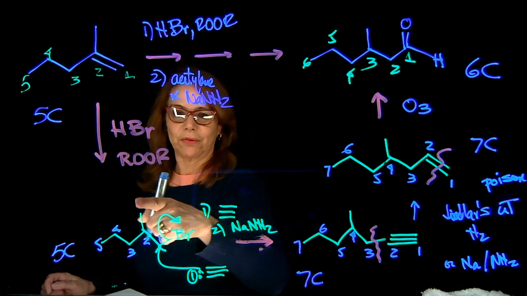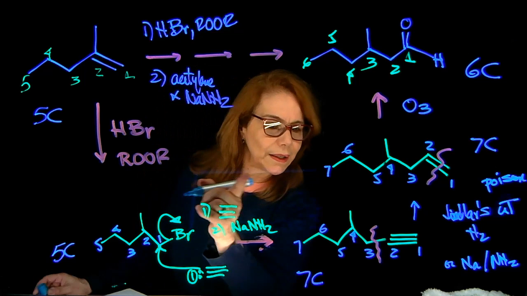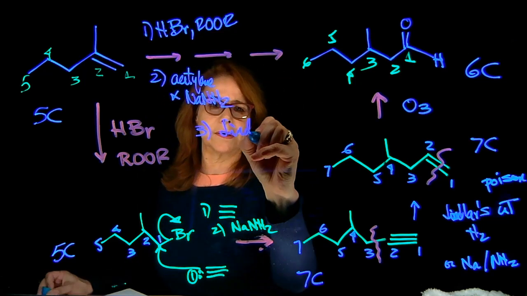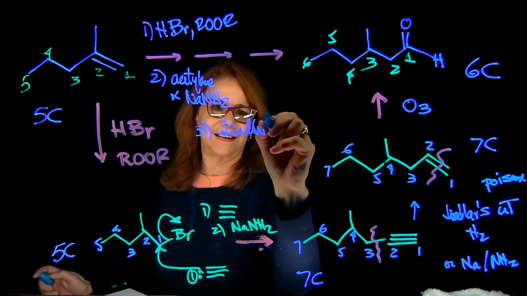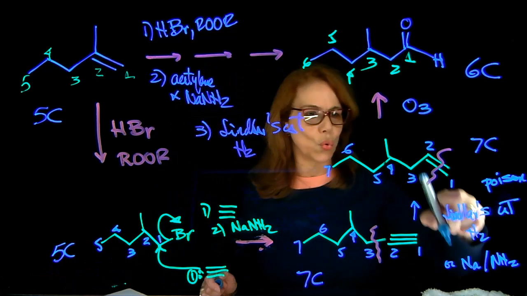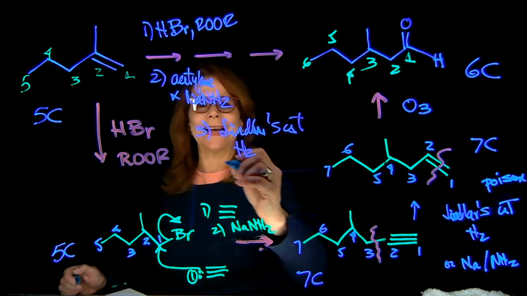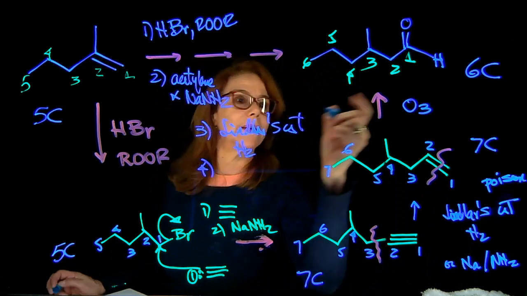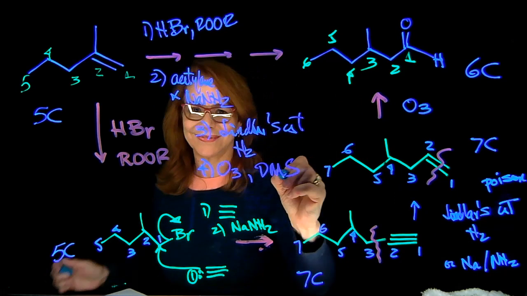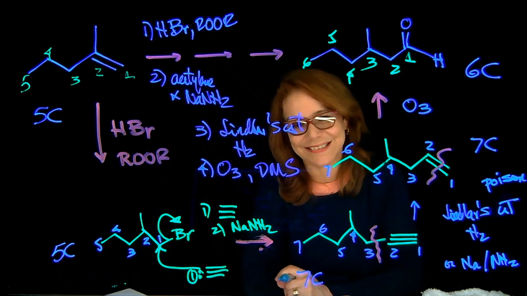I need to have it react with that. Then I need to use a Lindlar catalyst with hydrogen to make the alkene. And the 4th step is the ozonolysis of the alkene. So that is our final synthesis of the product.